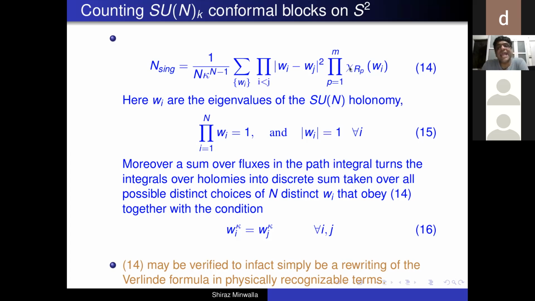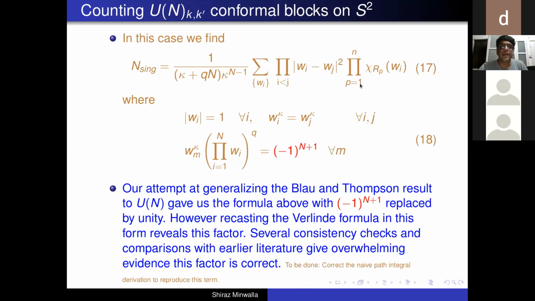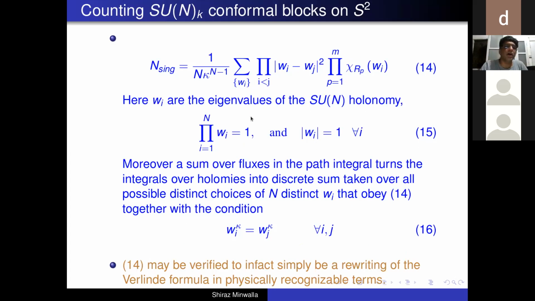We're supposed to take all of the representations that we have insertions of and write down their characters. Now, the characters are evaluated on some SU(N) matrix whose eigenvalues are phases, which I denote by omega1, omega2 up to omegaN. Because this is an SU(N) matrix, the product of these eigenvalues is equal to 1. And it's a phase, so the modulus of omega is equal to 1.